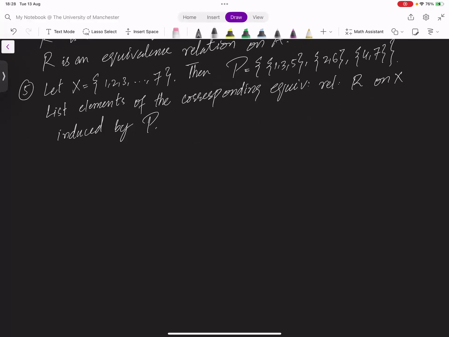Remember, we need to look after these sets also. We need to take all those ordered pairs which can be present there.